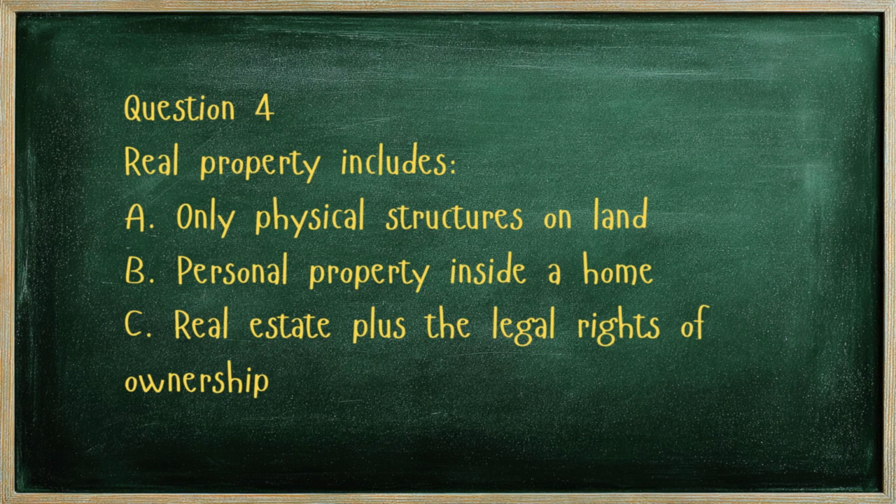Real property includes A, only physical structures on land. B, personal property inside a home. C, real estate plus the legal rights of ownership. The answer is C, real estate plus the legal rights of ownership.